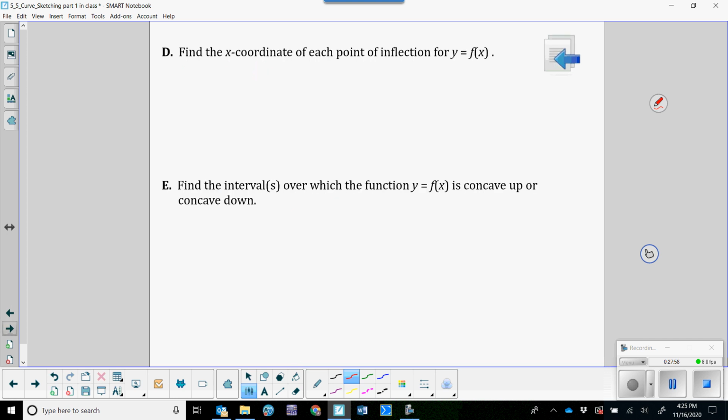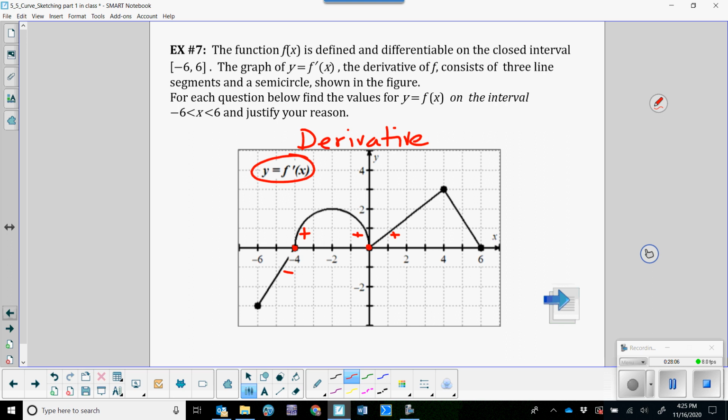D says find the coordinates of each point of inflection. So this is the derivative. So you're going to have a point of inflection if this graph changes from increasing to decreasing or decreasing to increasing. Okay? Because this is f prime. So at 4, certainly, f prime changes from increasing to decreasing. Okay, so there's a point of inflection.